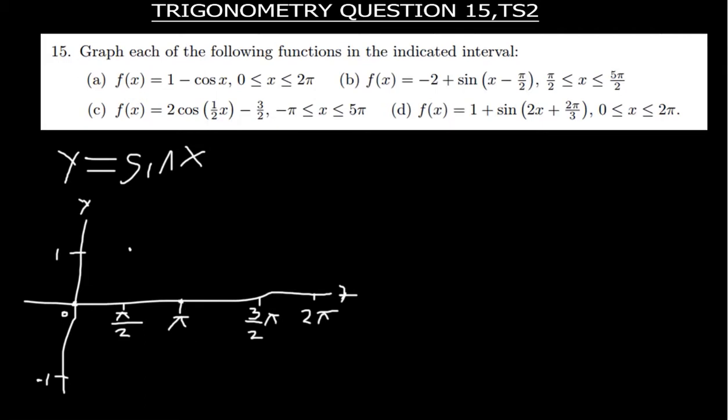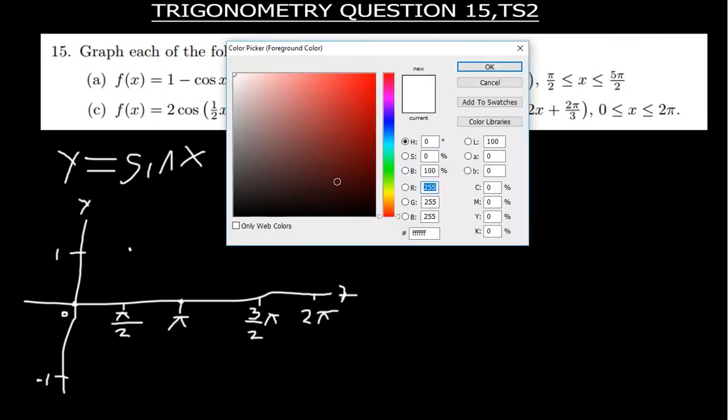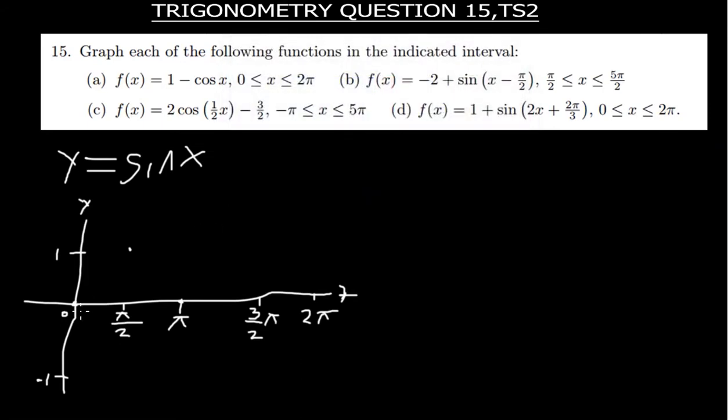Again, let me use a different color maybe. Yes, so when you type sine 0, you get 0, and then sine 90, which is sine pi over 2, you get 1.